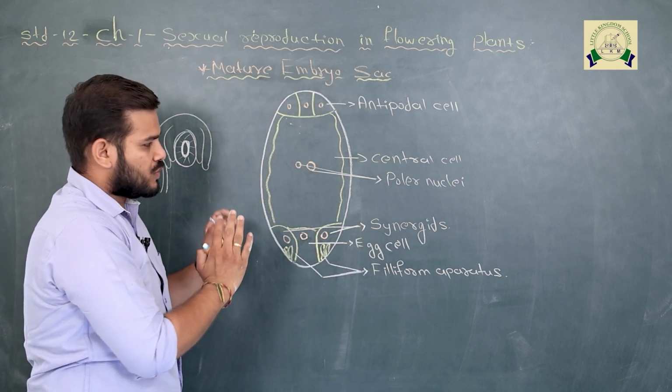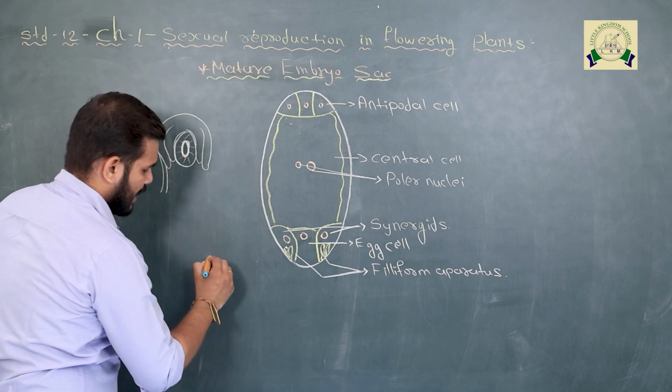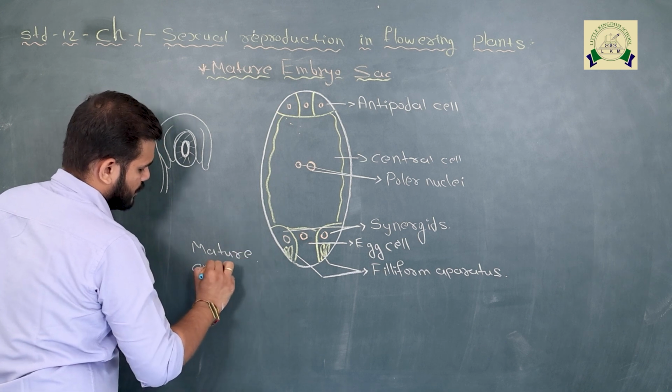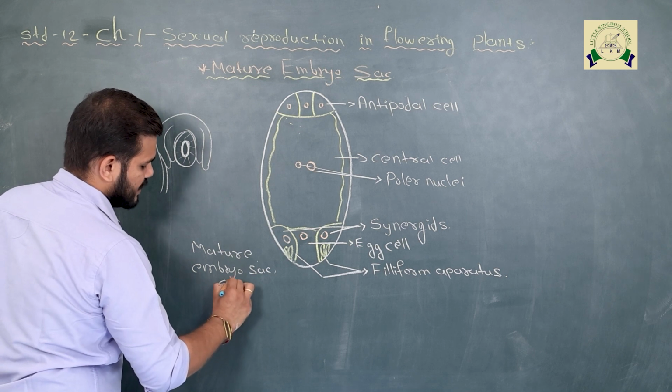Clear? So this structure is called the mature embryo sac, which is haploid.